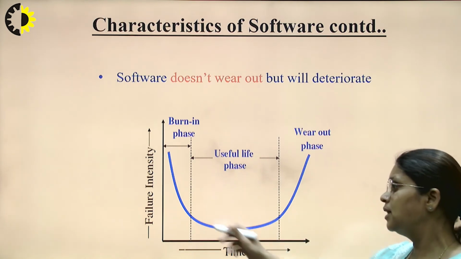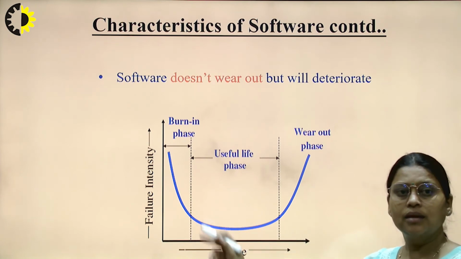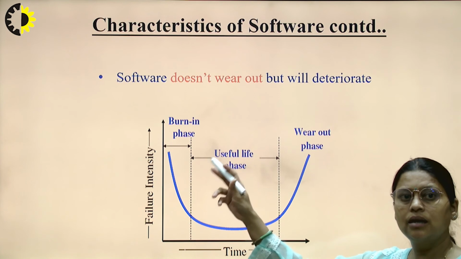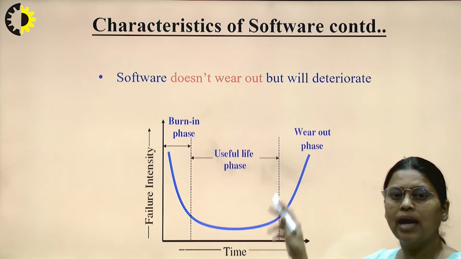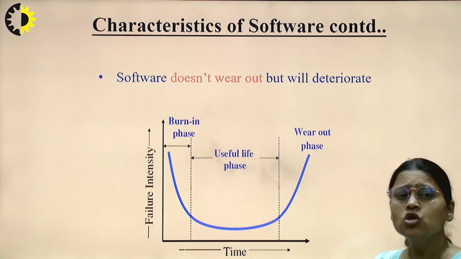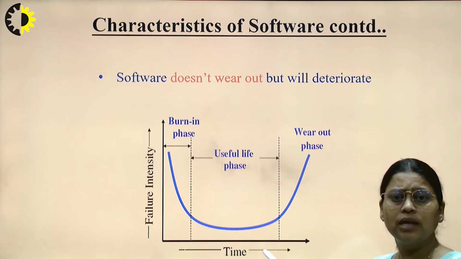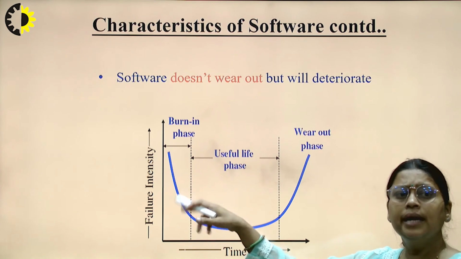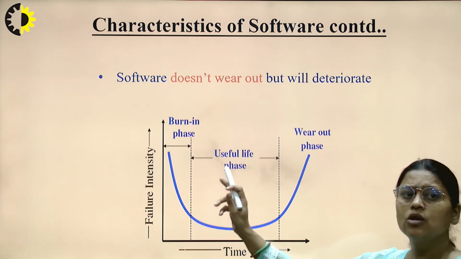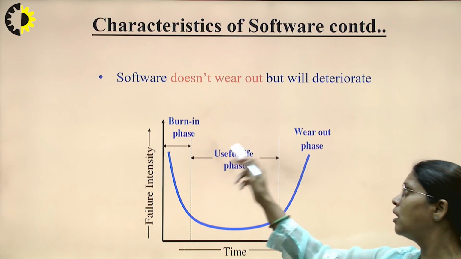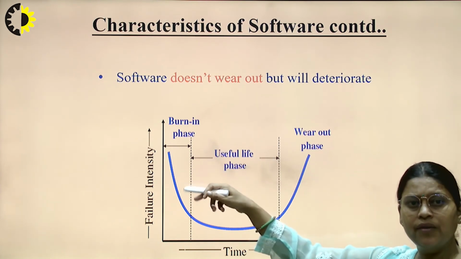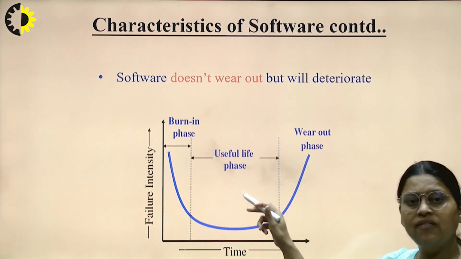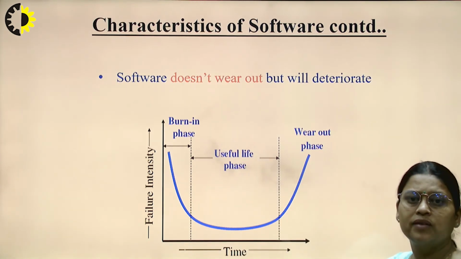As you can see in this diagram, this is also called the bathtub curve. The curve is shown like a bathtub. The x-axis shows the time, and the y-axis shows the failure intensity of the software. There are phases: one is the warning phase, the middle part is the useful phase, and then the burn-out phase.